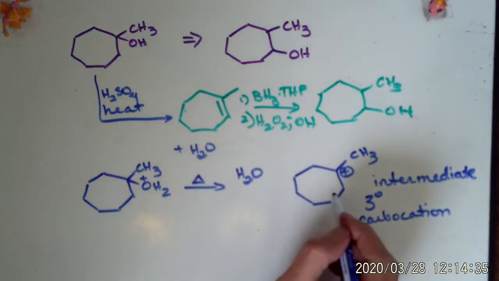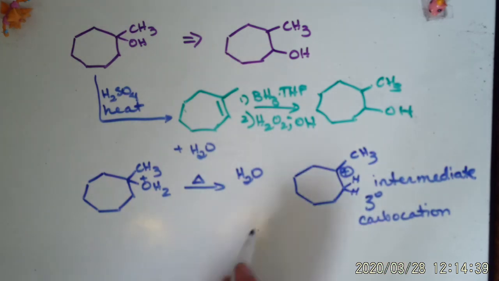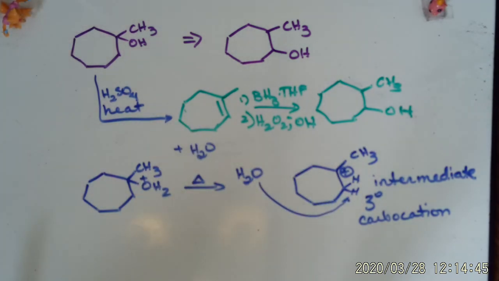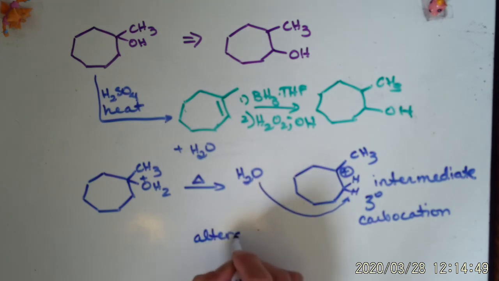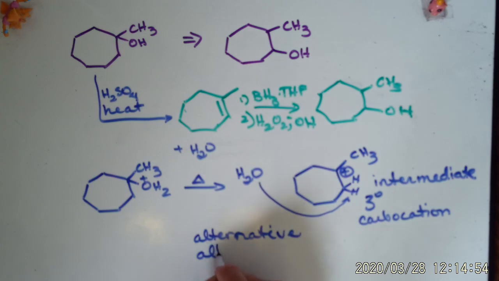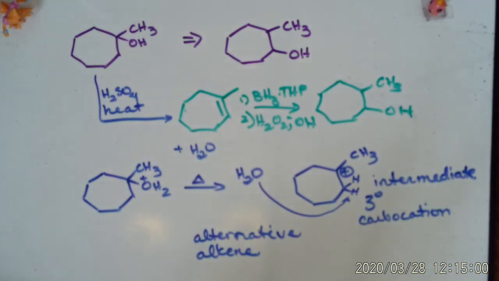So once this happens, let's take a look at where I can pull off hydrogens. My water can pull off this hydrogen and I'll form my alkene. What's the alternative? Okay, the alternative alkene is this one.